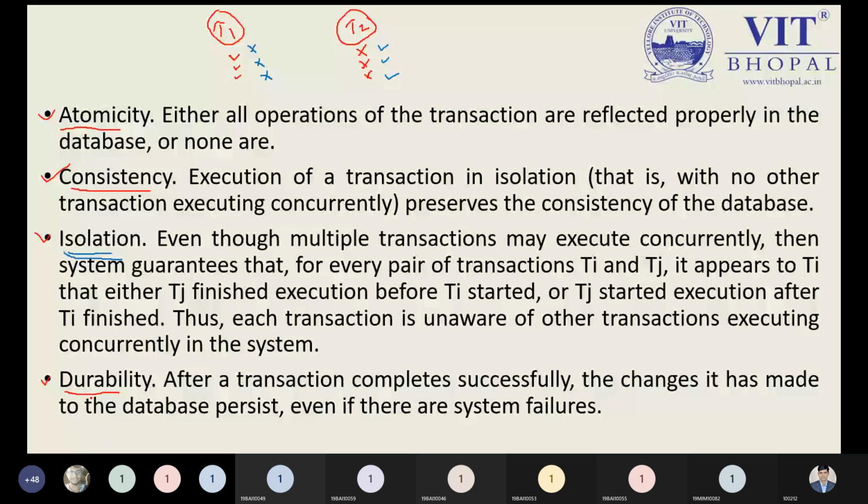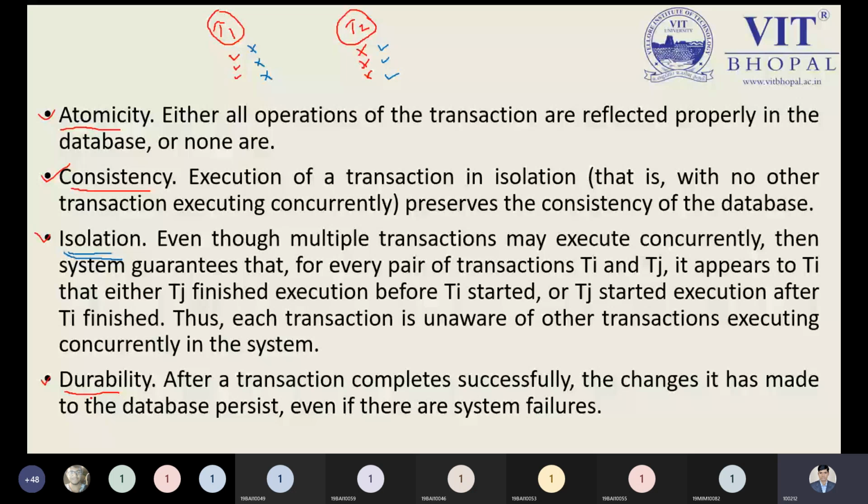But I'm explaining them deeply here because these properties are required for learning the transaction processing system, known as TPS. In the transaction processing system we need to manage all the transactions, and that comes under the study known as transaction management.